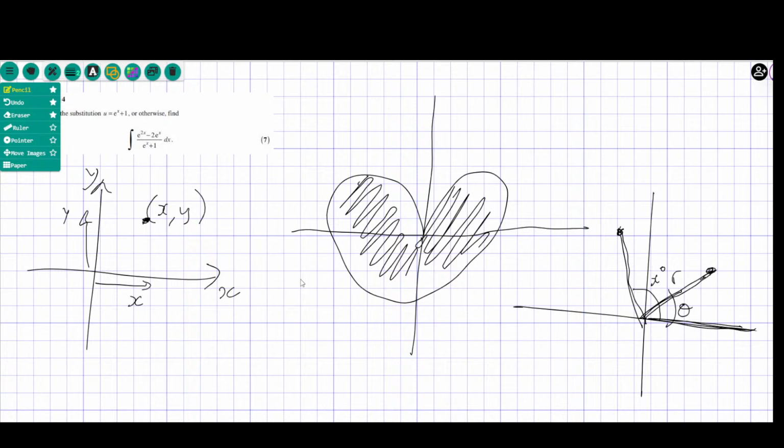Yeah, I think that modulus argument form is the same as polar. Do I call it modulus argument form? Not necessarily. See, modulus argument. What's that? How do we relate the two together?